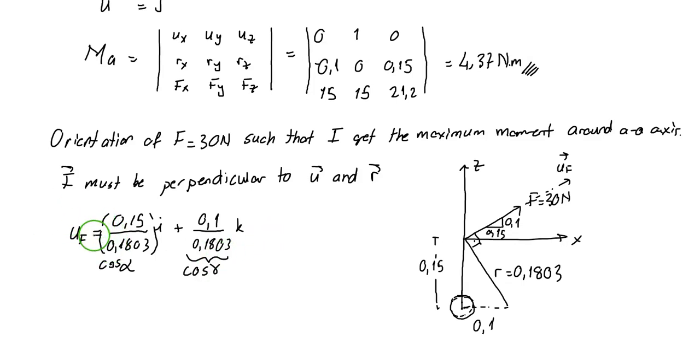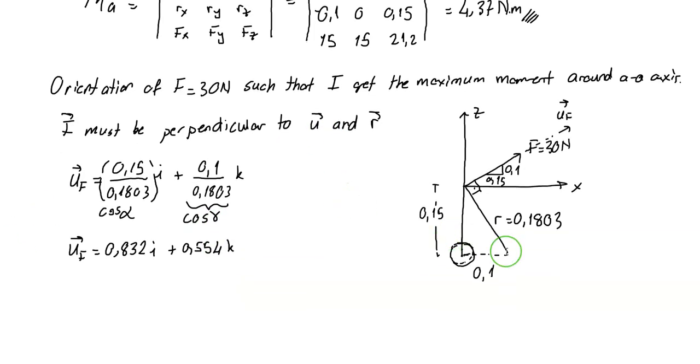I'm simply writing a unit vector, and this unit vector UF will be 0.832 I plus 0.554 K. So that is my unit vector.